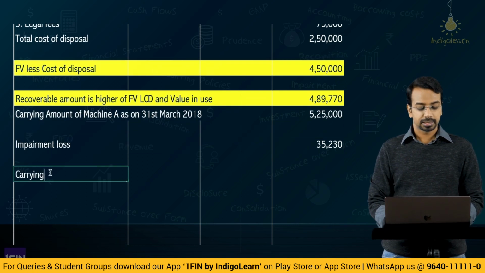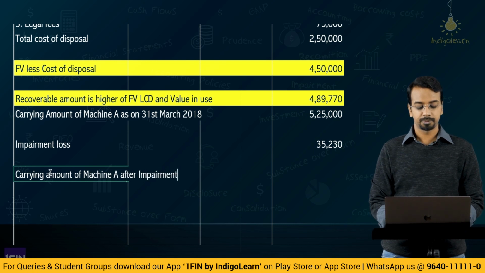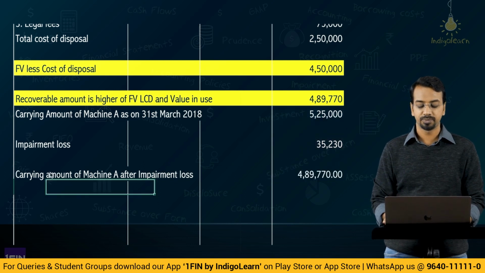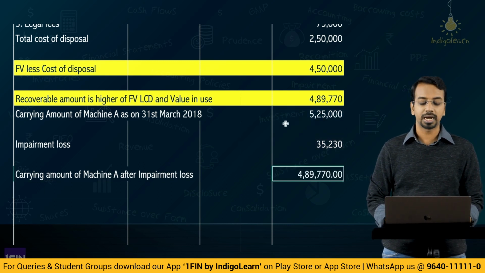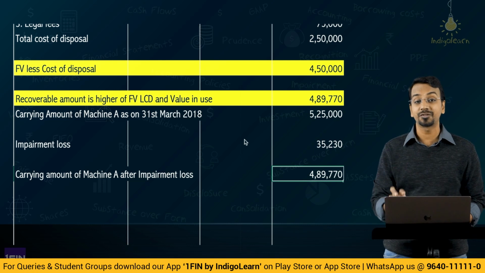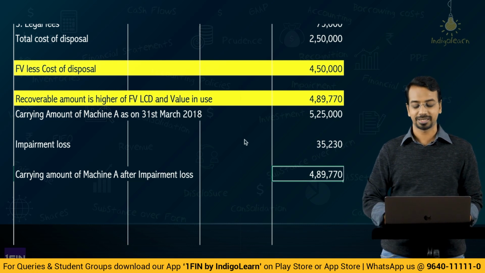So carrying amount of machine A after impairment loss would be how much? 525 is the carrying amount minus 35,230. The revised carrying amount would be 4,89,770. 489,770 is the revised carrying amount of the machine after impairment loss.